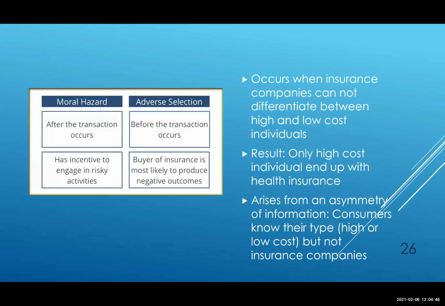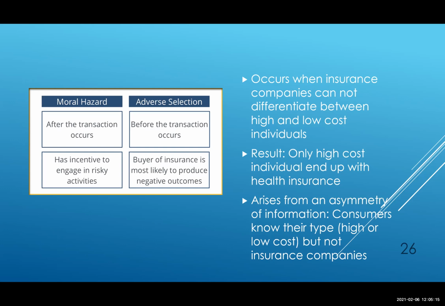Moral hazard and adverse selection can be confusing. So moral hazard, just remember, occurs after the transaction occurs, and there is a high incentive to engage in risky behavior, right? Adverse selection occurs before the transaction, and the buyer of the insurance is more likely to produce negative outcomes.